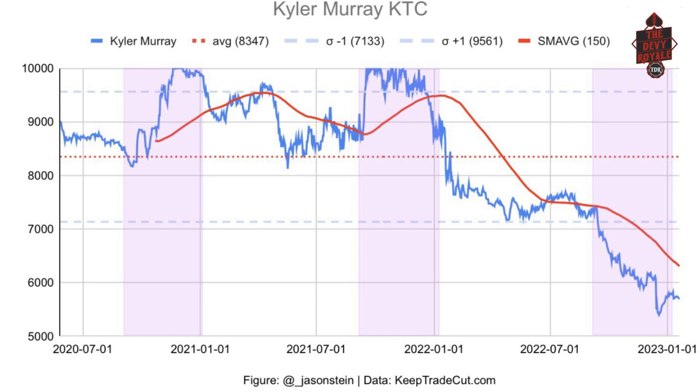From a fundamental perspective, we talk about this in this series. His current PE, KTC divided by fantasy points per game divided by 10, is around 27. His peer group, the comp group that I would compare him to, trades at around a 35, so his 27 is about a 7-turn discount from that 35.